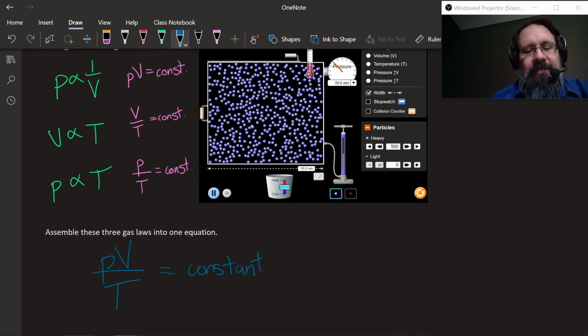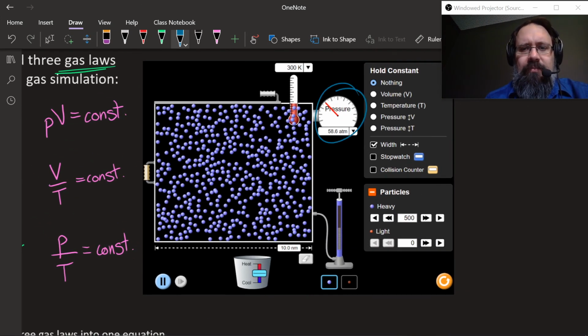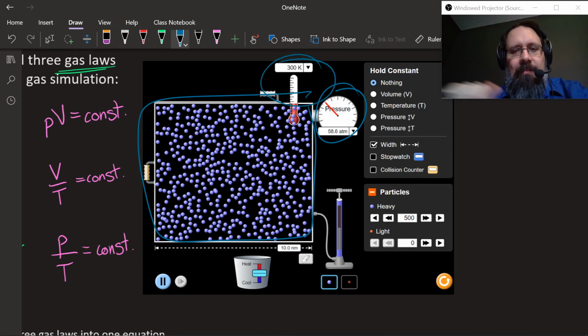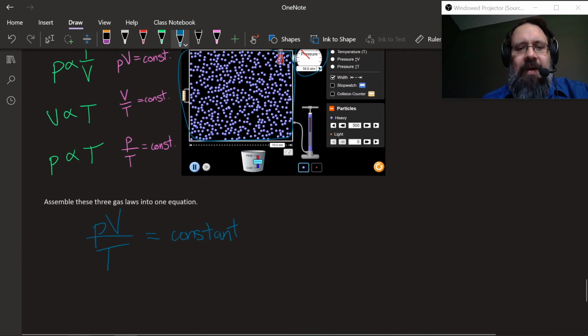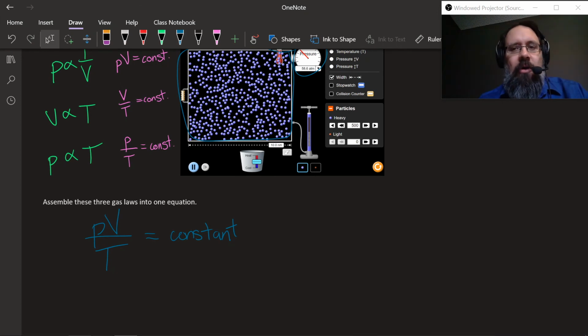That's what happens if you combine all of those together: the pressure times the volume divided by the temperature will always give you a constant number. No matter how you change the pressure, the volume, and the temperature, you will always find that pressure times volume divided by temperature gives you the same number.